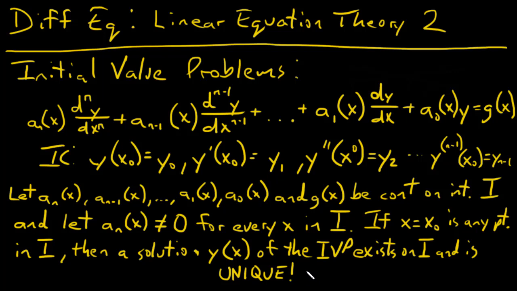Kind of cool. So, let me clear this and do an example. Let's see. Clear. Gosh, I have such a hard time clearing the screen. So let's say that I have 3y triple prime plus 5y double prime minus y prime plus 7y equals 0.